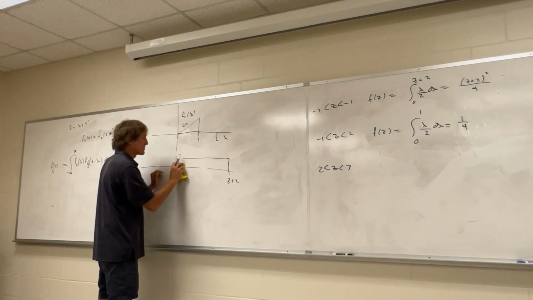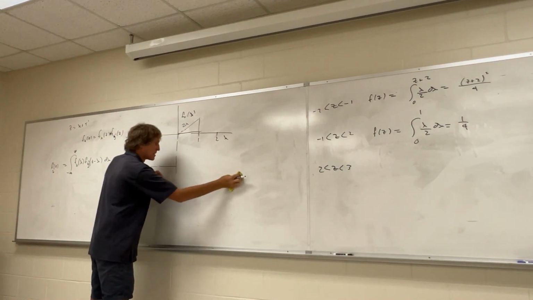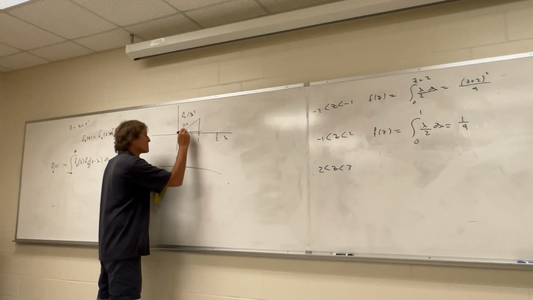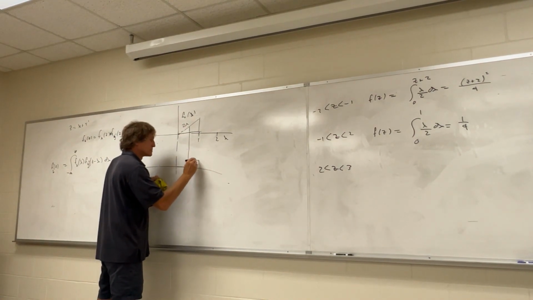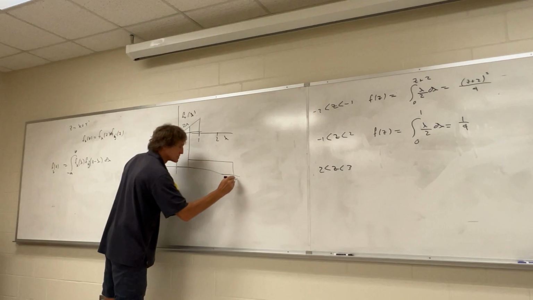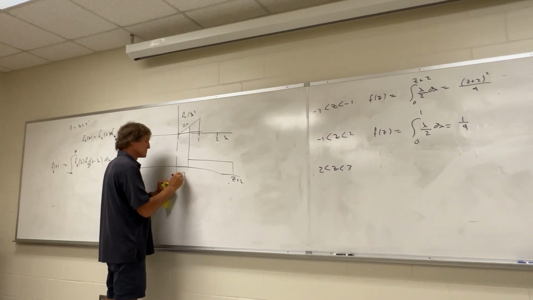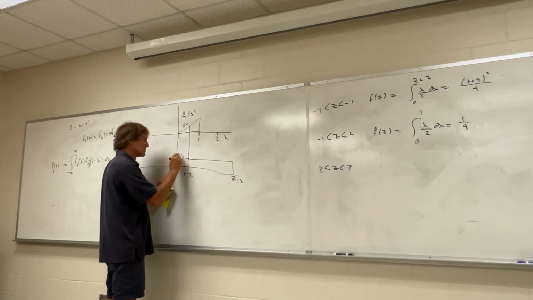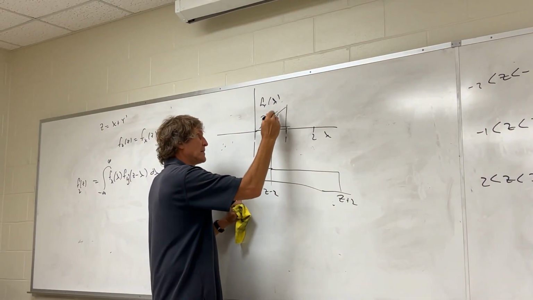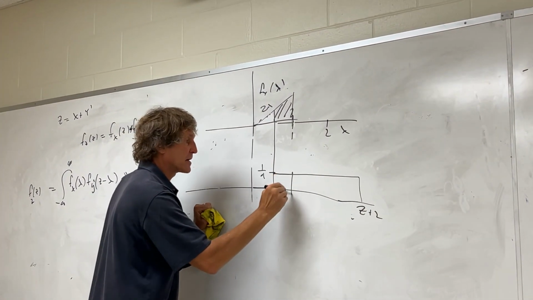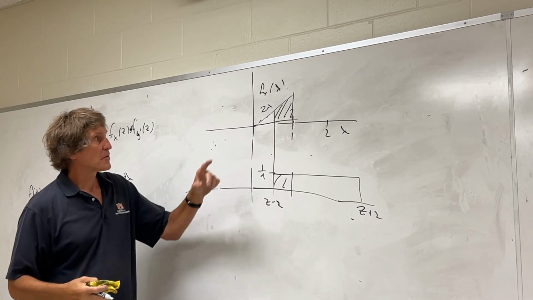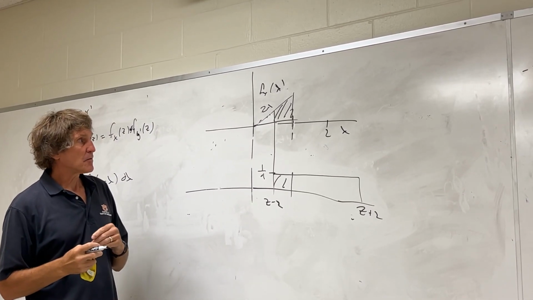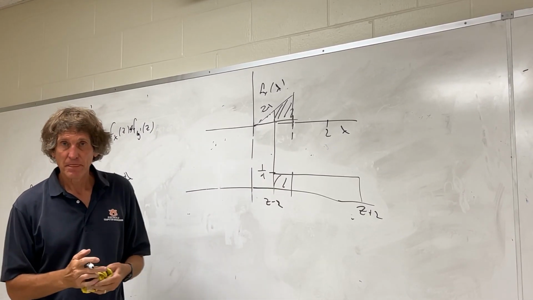Let me move it through even further. And this becomes the area of overlap right there. So I have to multiply 1/4 times 2 lambda. I get lambda over 2 and integrate from here to 1.